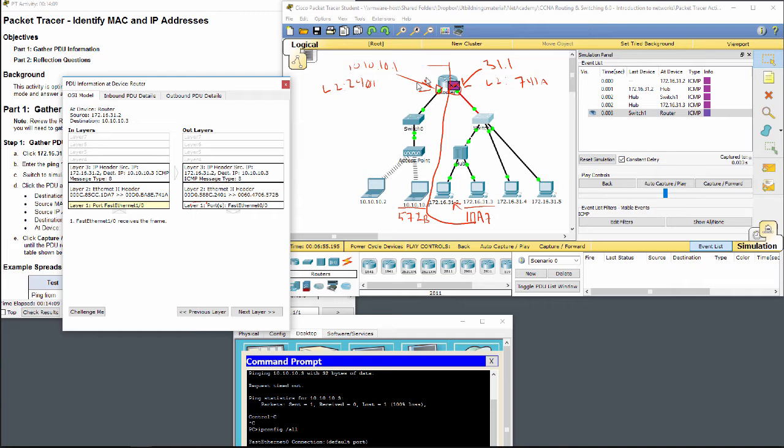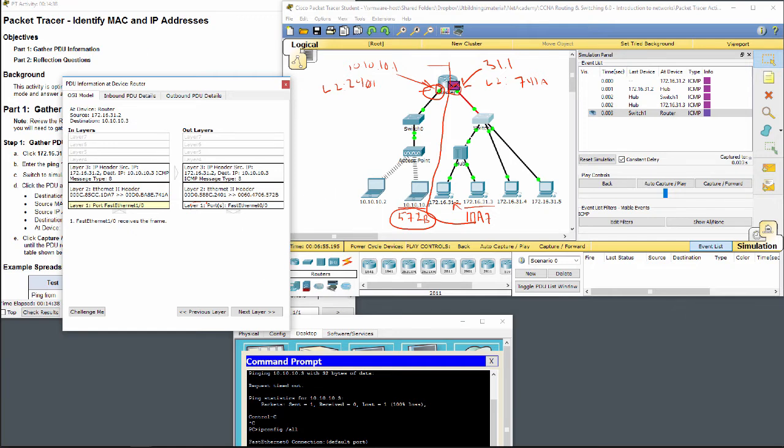So when the packet is on the left side of the router, it has this address as a source on layer 2, and this address as a destination on layer 2. So the layer 2 addressing is local on each subnet, while the layer 3 addressing is globally not changed during the travel of the packet.